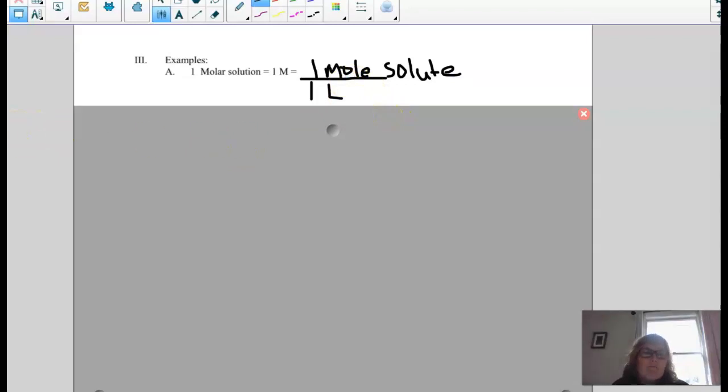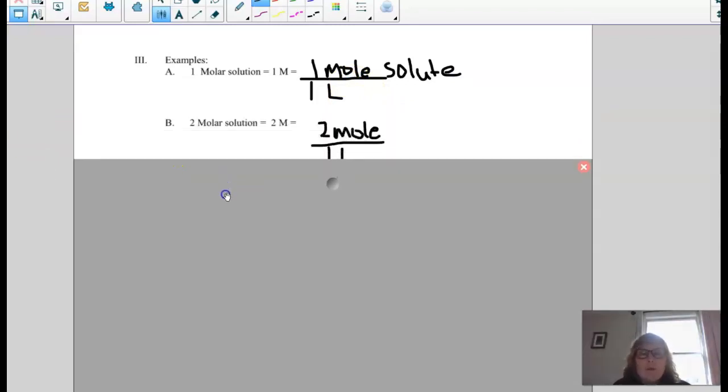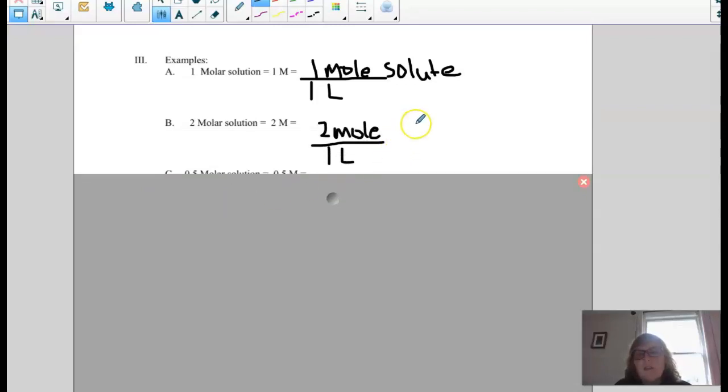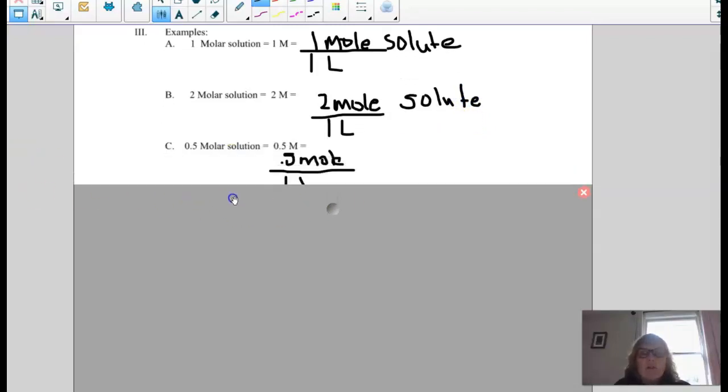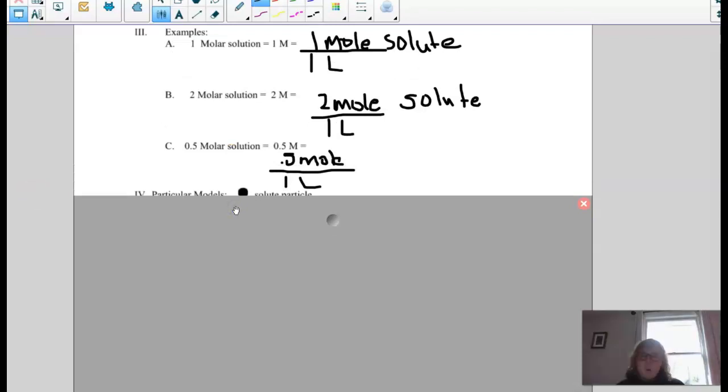If we have 2 moles, it means we have twice as much: 2 moles of what's being dissolved to 1 liter of solution. And the third one is a 0.5 molar solution. That means we have half a mole per 1 liter of solution.